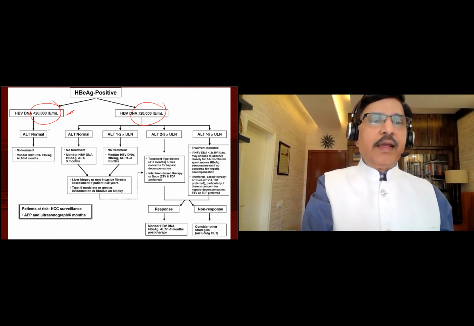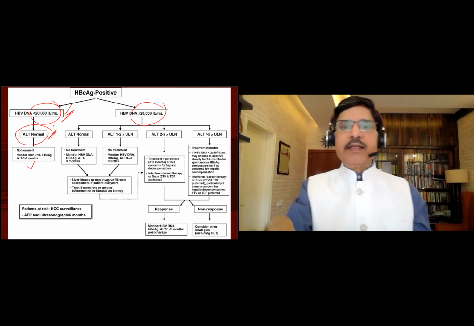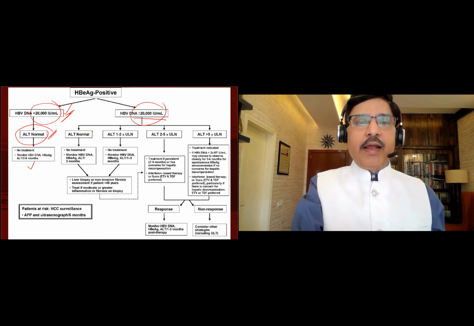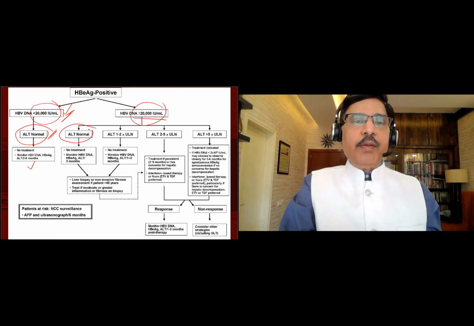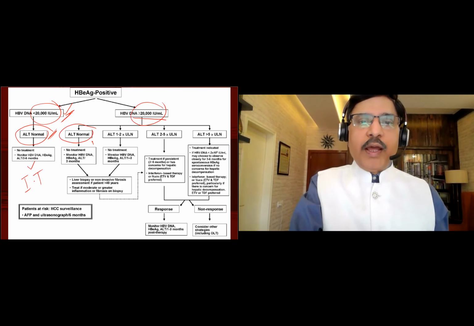Then if ALT and AST are normal, that means the virus is multiplying, not too much, the liver is not affected, and no treatment is required. Whereas if the virus is multiplying very heavily, then what is the liver like? The liver is normal, still he is immune active. This is immune tolerant, and this is immune active.